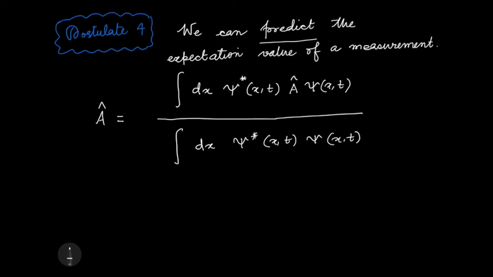So this is something which I can predict. So what have we learned so far? We have learned so far that quantum mechanics is a completely probabilistic theory. All the information about the system is there in that wave function. The wave function, to start with, is a general wave function.